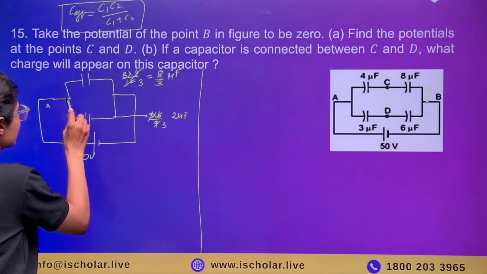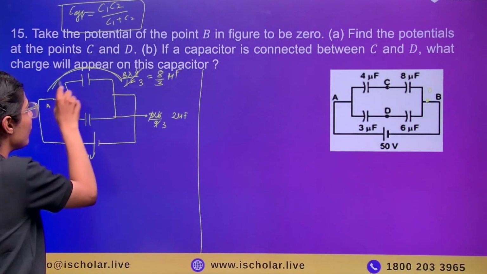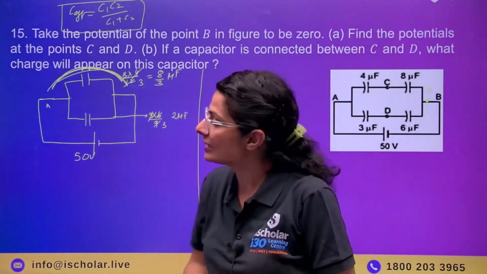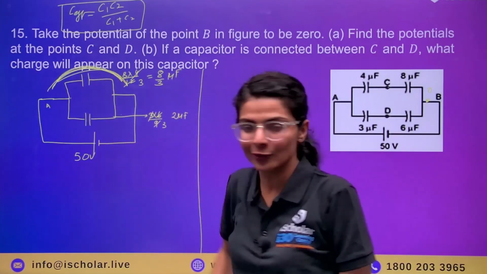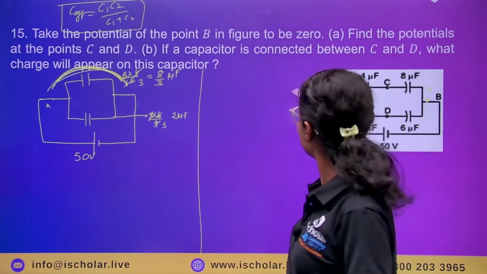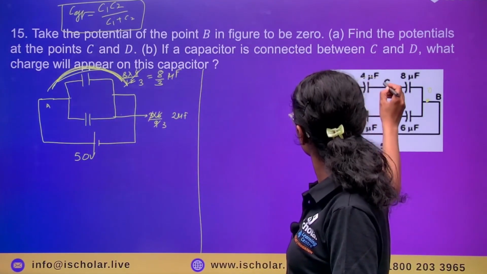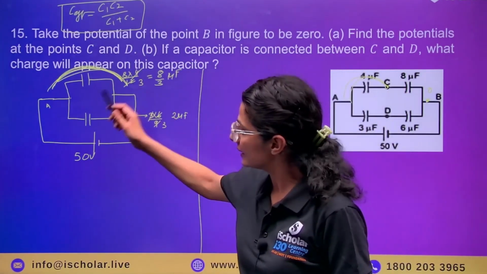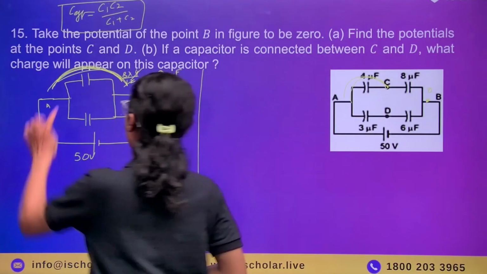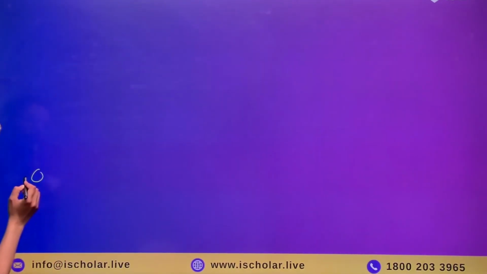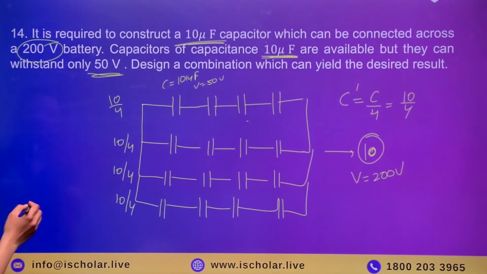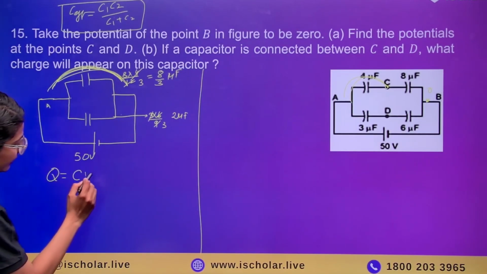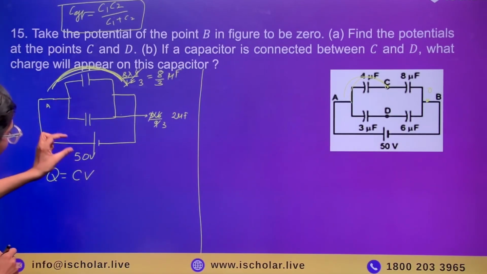Okay, so if 50 volt is coming from here, I'm calculating, students, the charge flown in this. What is the advantage? If I know the charge flowing through this, I will just simply calculate the potential between these 2 points. Let us see how. See, the charge flowing through this upper capacitor would be Q equals CV.